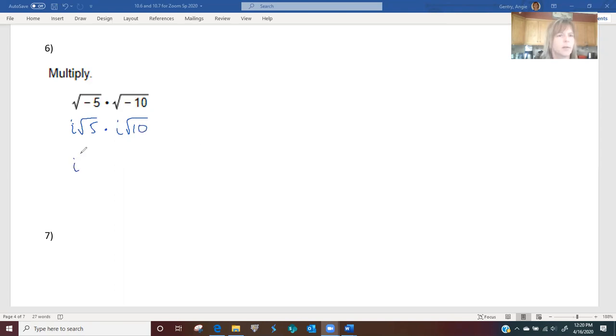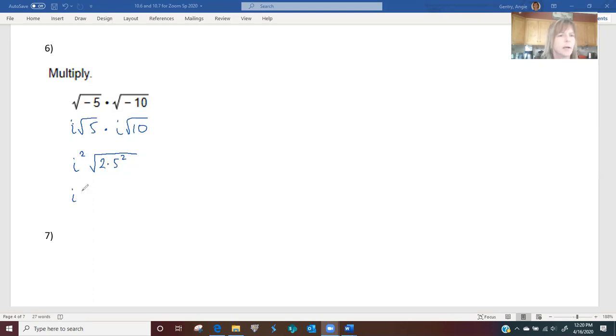Then you can say that's i squared times 5 times 10. Instead of me saying that's 50, I'm going to say that there's a 5 inside the 10, so you have 2 times the 5 squared. 5 squared is the 25 times 2 is 50, same thing as 5 times 10.